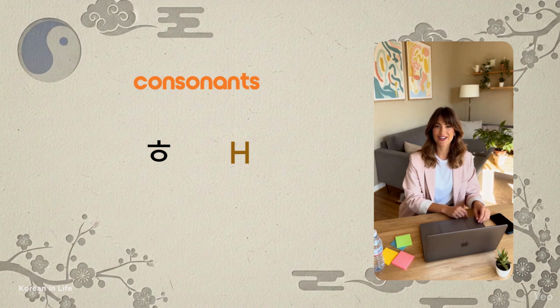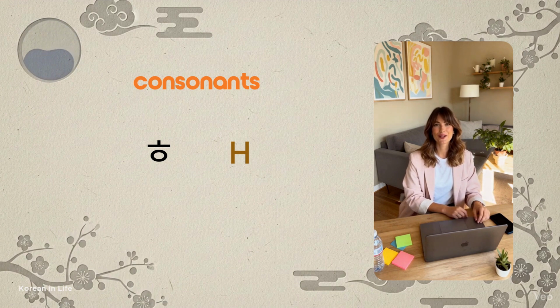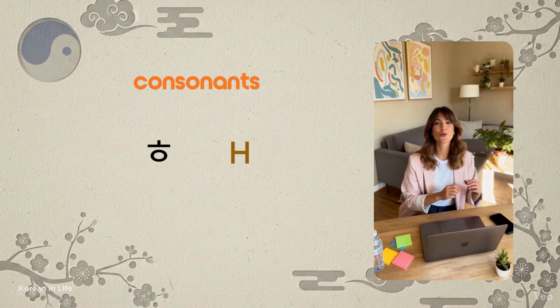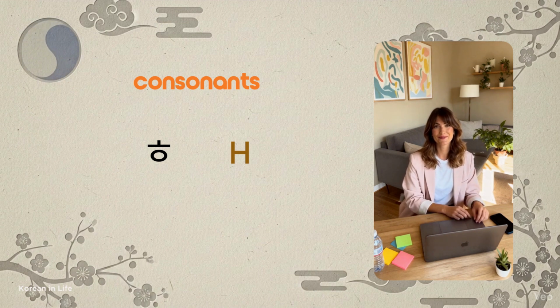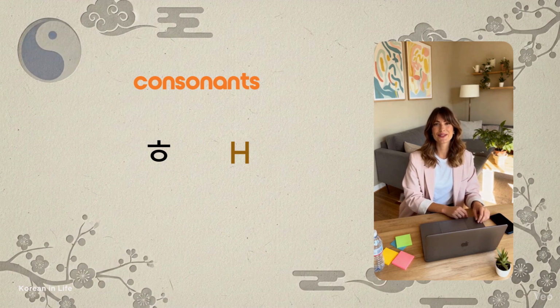Of course, these consonants can't make a sound all by themselves. To become a complete syllable block, they need a vowel. When the g sound meets the a sound, it becomes ga.